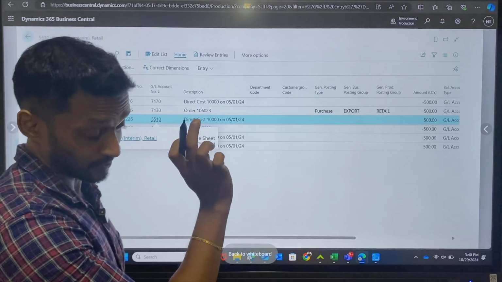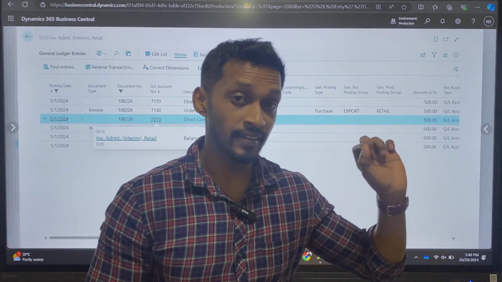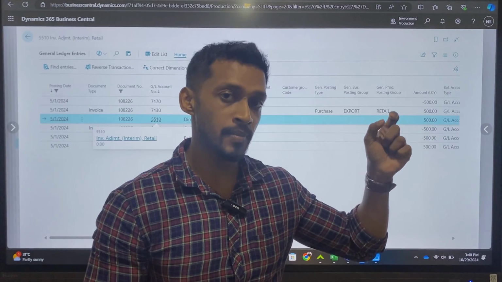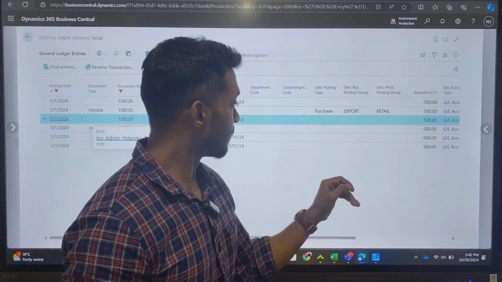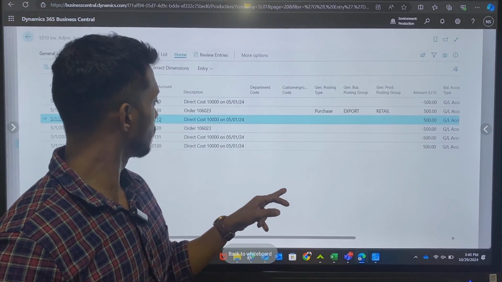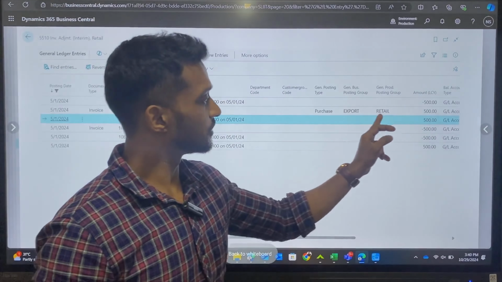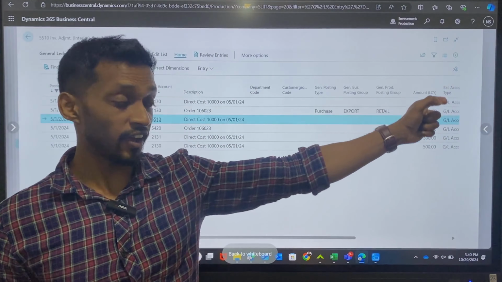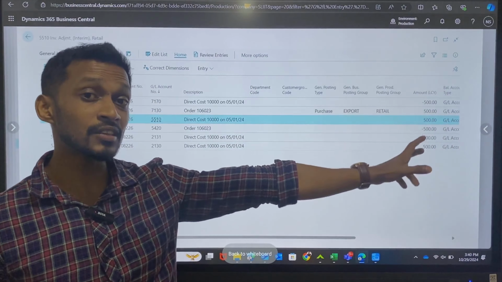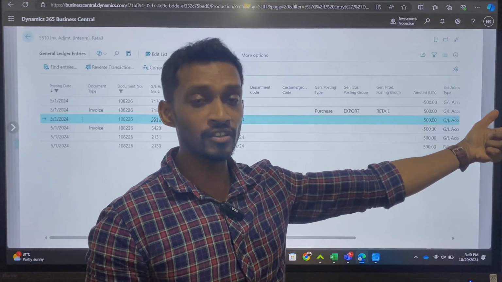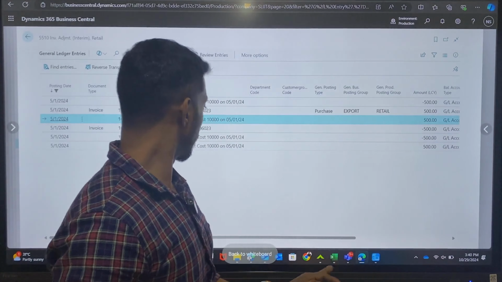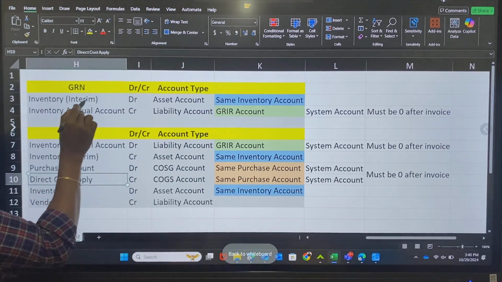This is not actually an inventory adjustment, this is the inventory accrual account. Can you remember, at the point of GRN, yes, at the point of GRN we credited that 5110 account, and at the point of invoicing I told you, when we do GRN, these two accounts get tallied.